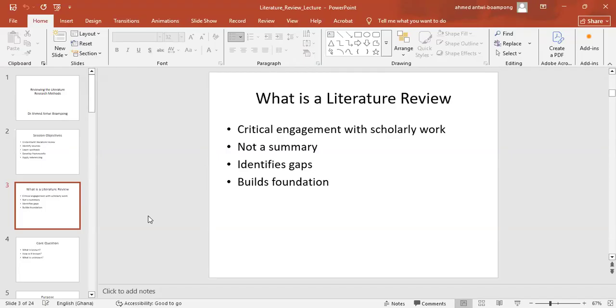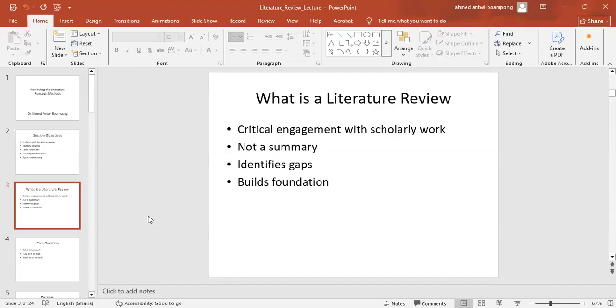It's a very critical and systematic engagement with the existing scholarly work that is relevant to your research topic. I repeat it again: it's a critical and systematic engagement with the existing scholarly work relevant to your research topic.